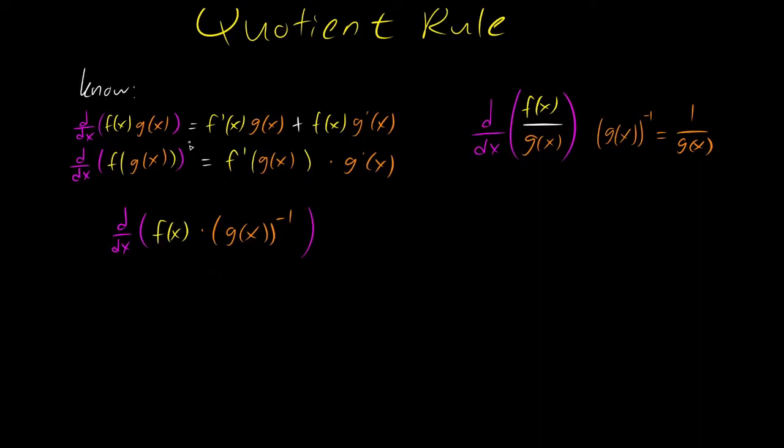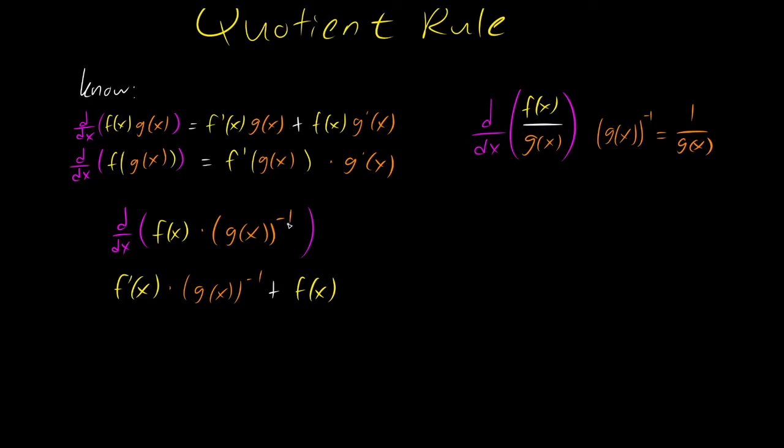Let's differentiate the first term, so that's f prime of x, and then g of x stays the same, so that's times g of x to the power of -1. And we add it by f of x, now we take the derivative of g of x to the power of -1.